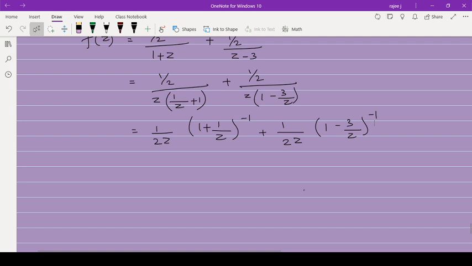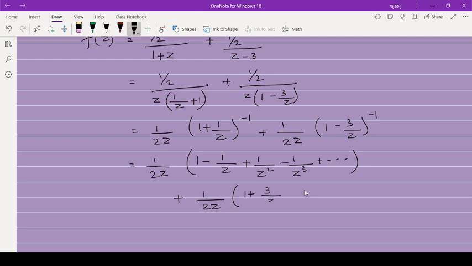Now series expansion: this is equal to 1 by 2 z into 1 minus 1 by z plus 1 by z square minus 1 by z cube and so on, plus 1 by 2 z into 1 plus 3 by z plus 3 by z square plus etc.